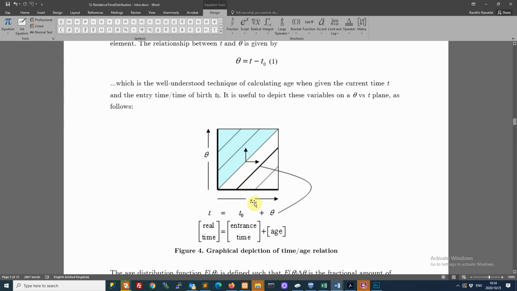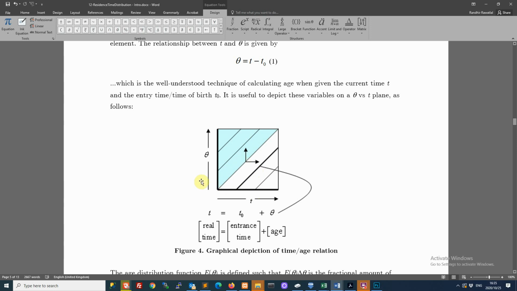And then you could take a slice through this and say, well, I am currently interested in this specific time in the reactor, this value T. So you would be slicing vertically like this. You can say, well, from this group, how many of you are left here? From this group, how many do we have now? So maybe 20 entered, but maybe by the time we are looking at the reactor at time T, only 15 are left over. So the amounts change over time, but we can keep an accounting of them in this way.